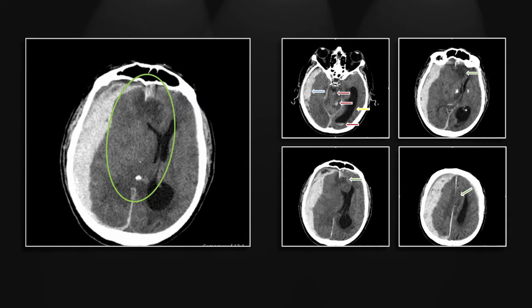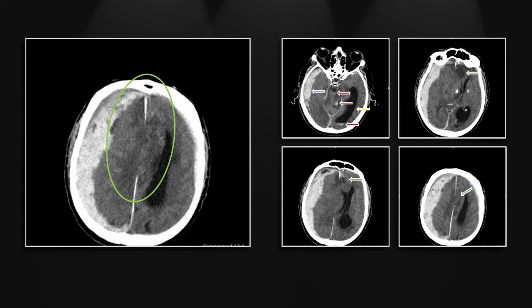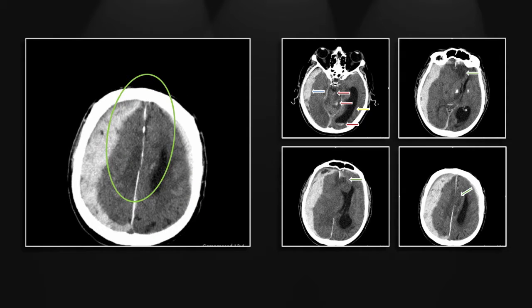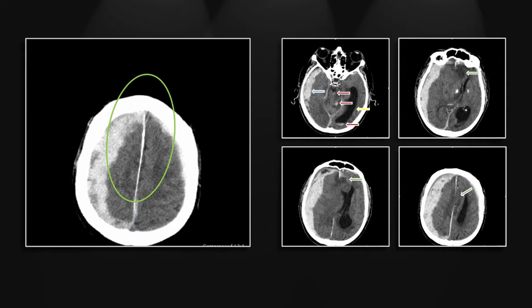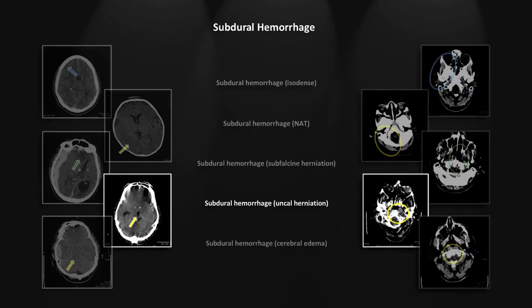That's easily appreciated on the cine, where you can see that this conforms to the distribution of the anterior cerebral artery. This is an established complication of subfalcine herniation, which is compression of the anterior cerebral artery with resultant cortical infarction. So that is a case of subdural hemorrhage with subfalcine herniation and infarct.